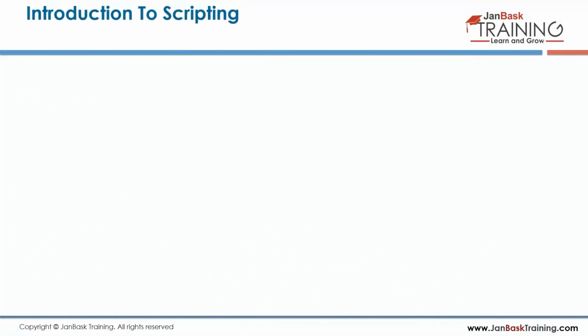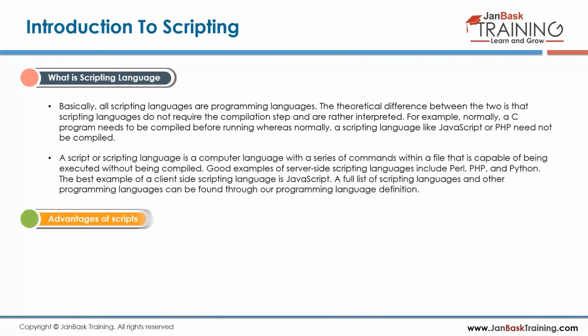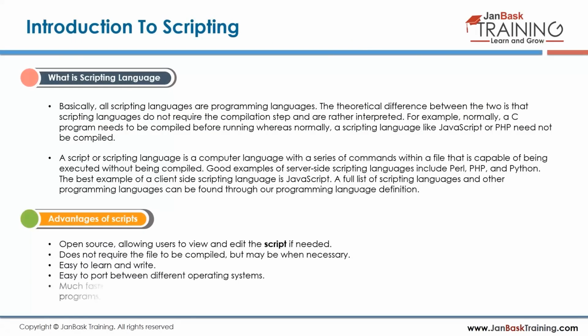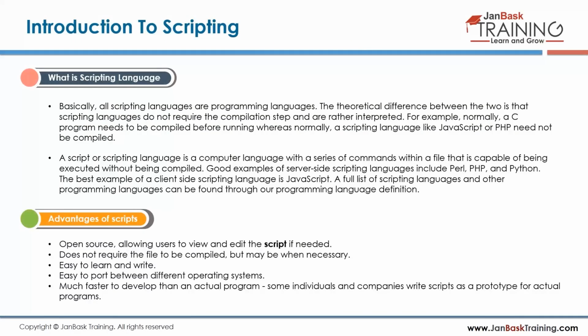Coming to scripting, as I said, I won't be going much into scripting. In scripting, my view is to understand mostly what different kinds of shells we have in Linux. Some of those are bash, csh, tcsh, and ksh.